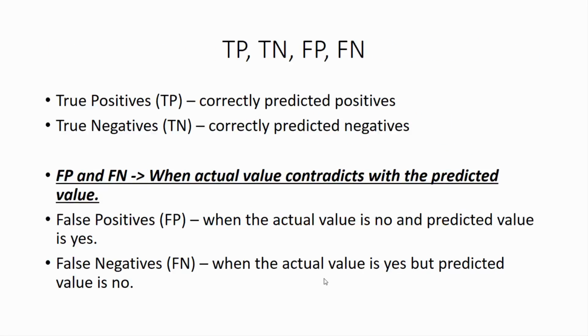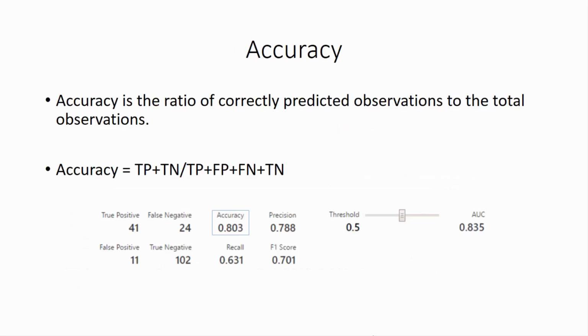Once we know what is true positive, true negative, false positive, and false negative, we can calculate accuracy, recall, precision, and F1 score. Let's start with accuracy. Accuracy is the most important performance measure, and it is simply a ratio of correctly predicted observations to the total observations. One may think that if we have high accuracy, then our model is the best.